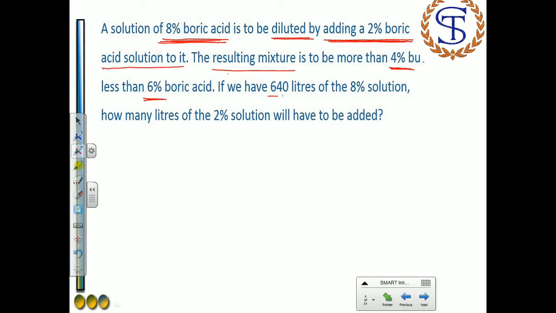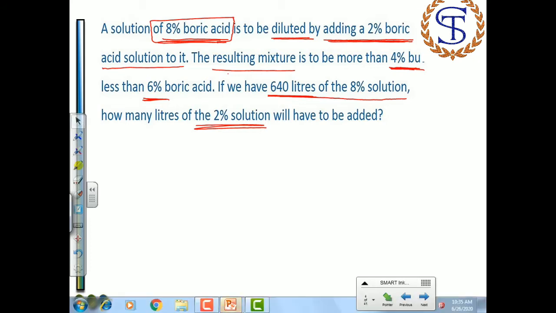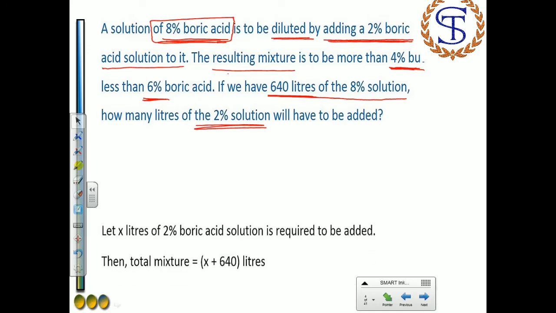If we have 640 liters of 8% solution, it means the solution having the concentration of 8% boric acid is 640 liters. Then how many liters of 2% solution will have to be added to make the resulting mixture between 4 and 6? It means we want to add 2% boric acid solution to 8% boric acid solution.